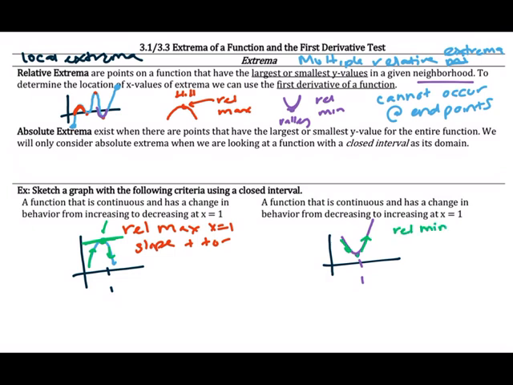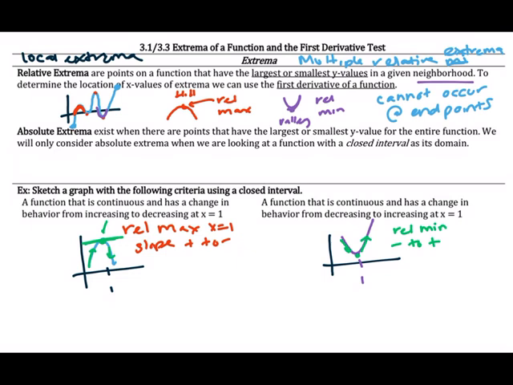The lowest point on the graph in this neighborhood, a relative minimum. And why do we have a relative minimum? Because the slope is changing from negative to positive. So we're going to formalize this a little bit more in the notes later, but I just want you to see an extrema is caused by a change in behavior. We're going from increasing to decreasing or decreasing to increasing.